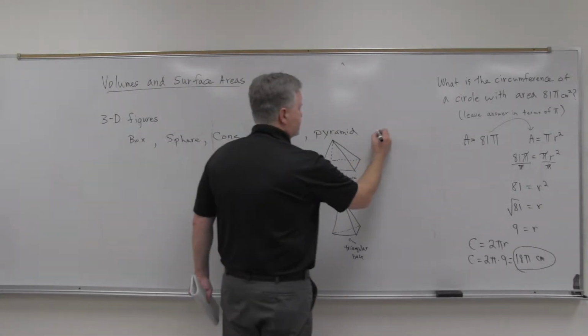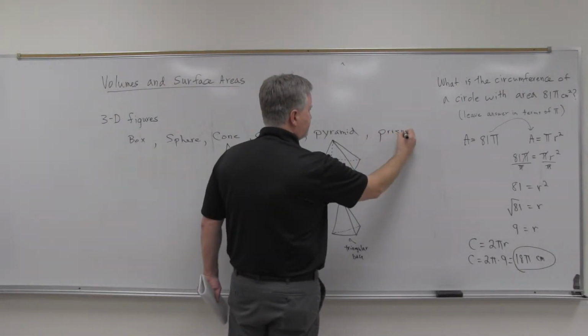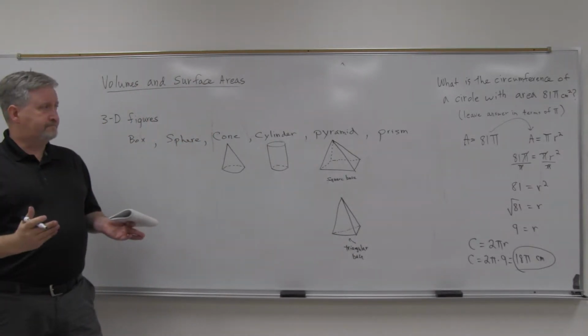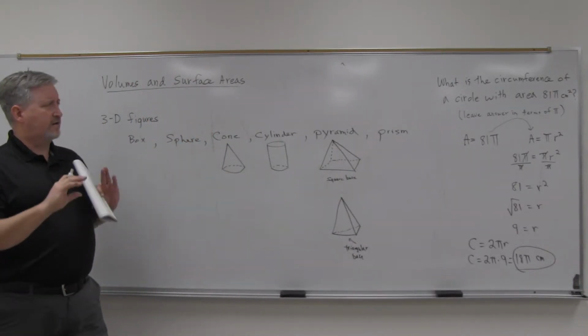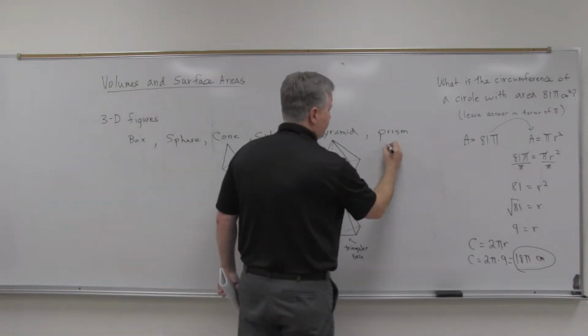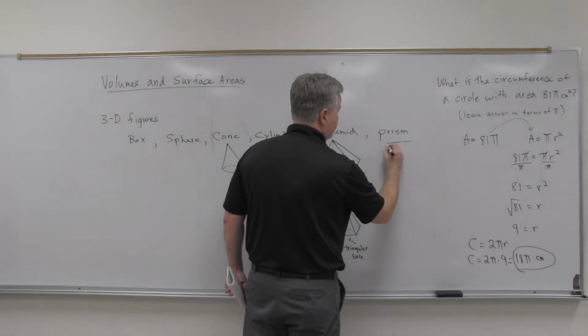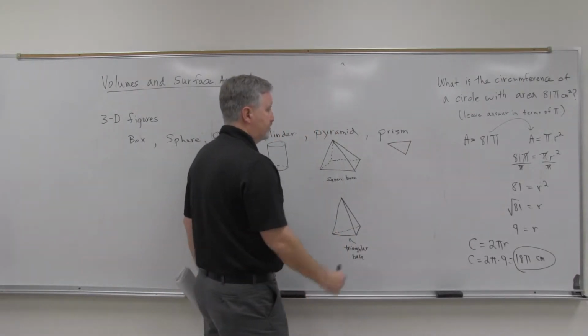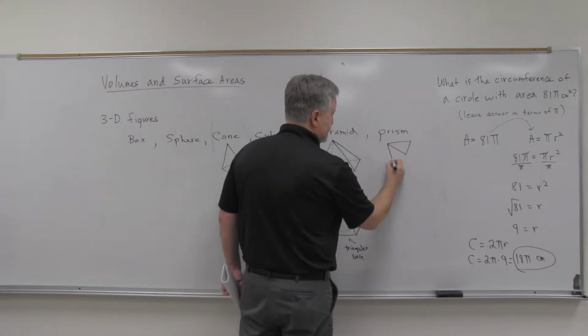And the other one is the prism. Let me go ahead and talk about that just a little bit. The prism, the ones we'll talk about are the ones that have a congruent top and bottom, and usually when we think of a prism, we usually think about the triangular shaped prism.